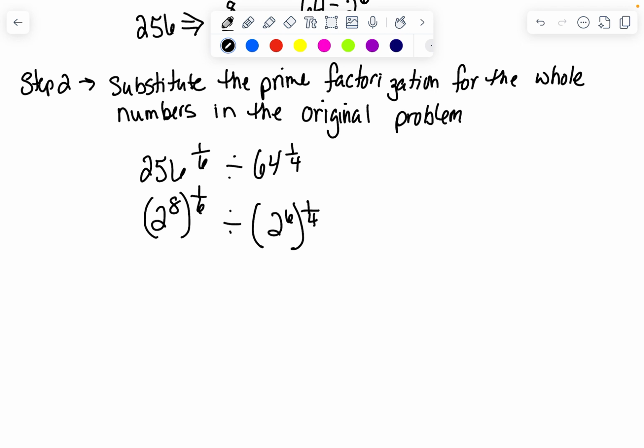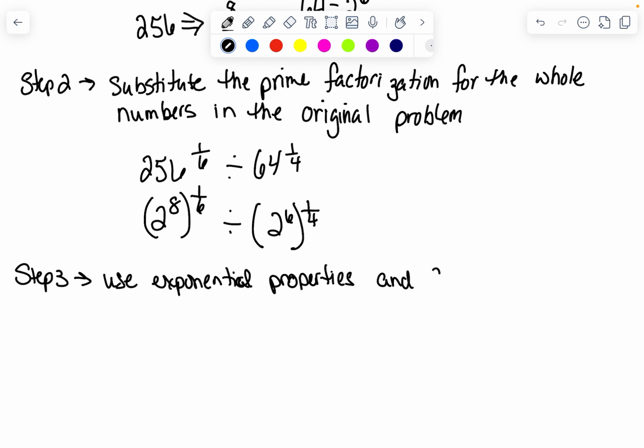Now, our step 3 is use our exponential properties and simplify.